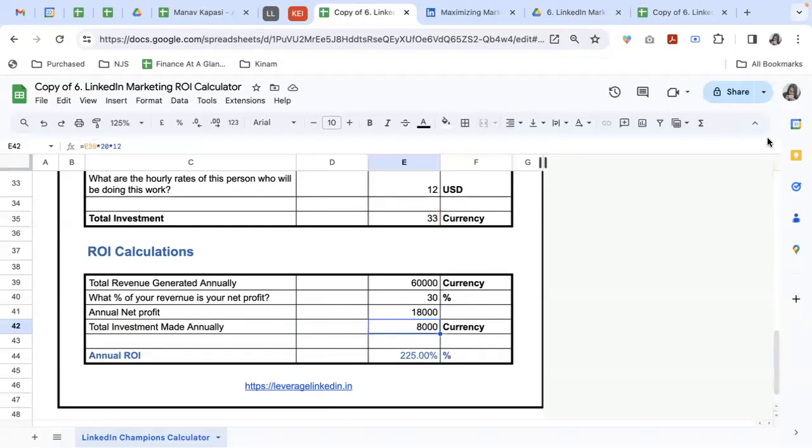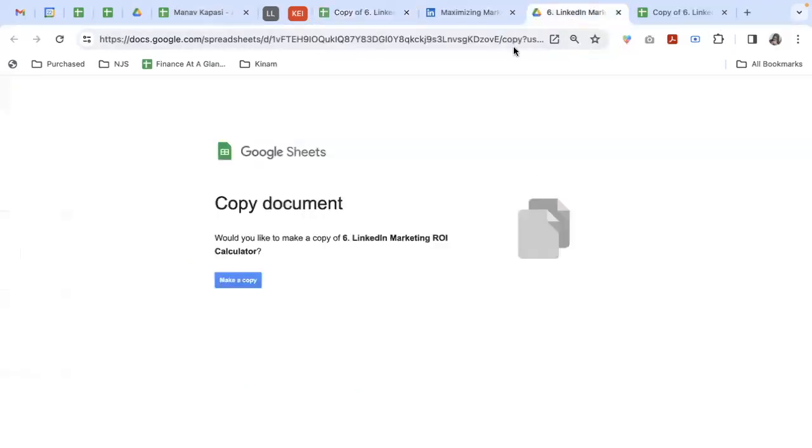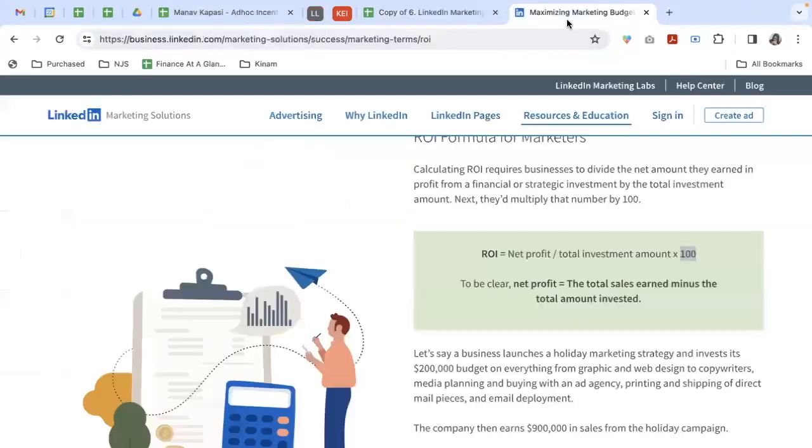So in order to get 18,000 as your net profit, 8,000 is the total investment you are making. So what is the annual ROI based on the formula that we saw? Just a second. I closed the sheet, did I?